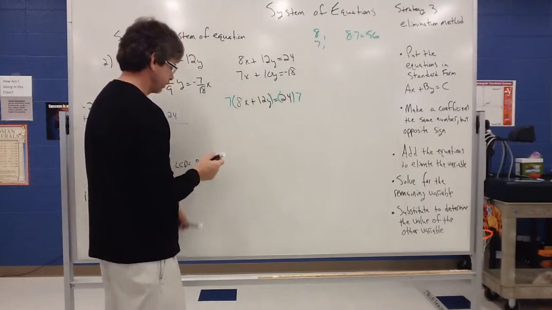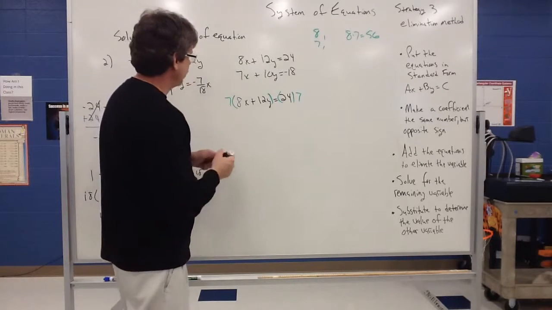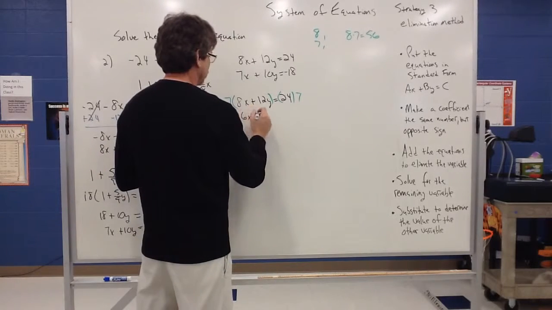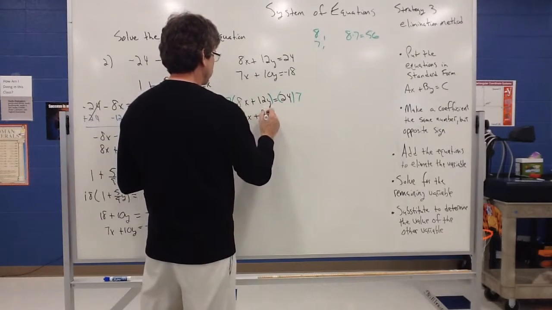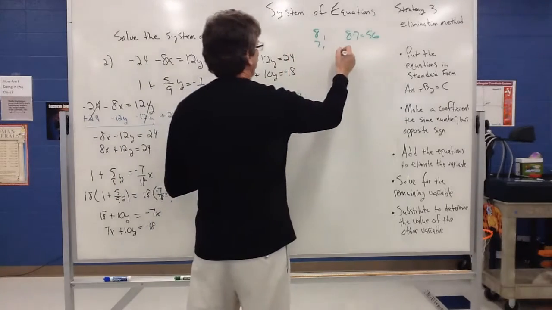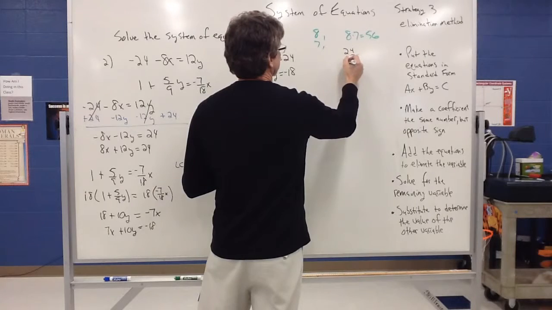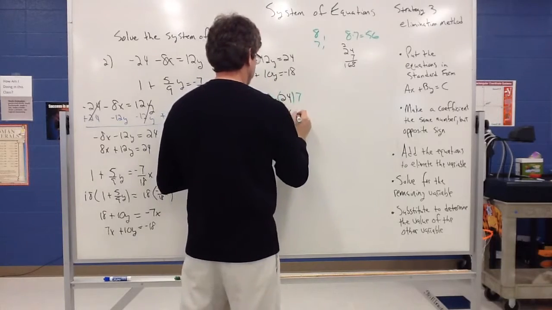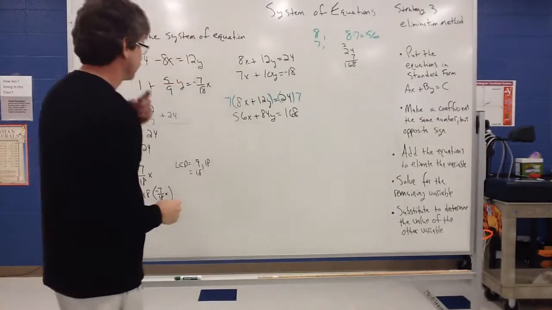So 8 times 7 is 56, 56x. 7 times 12 is 84y. 24 times 7, I really don't know. Looks like 168. Okay.